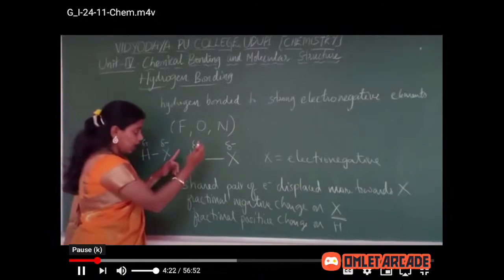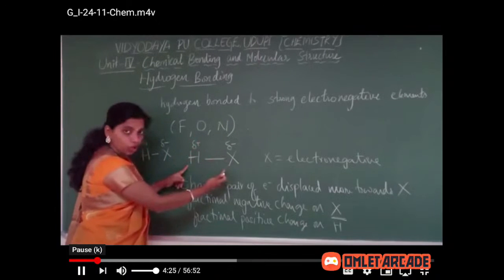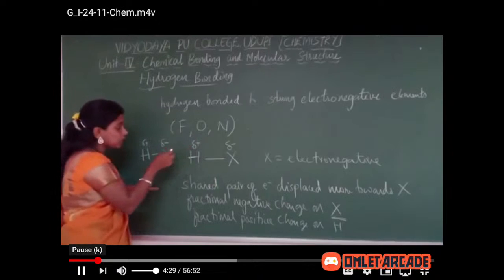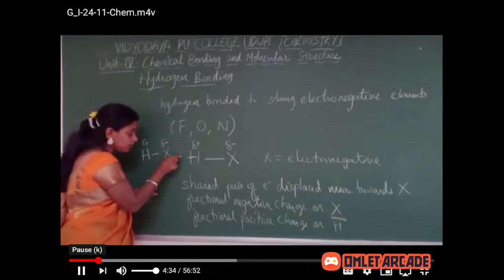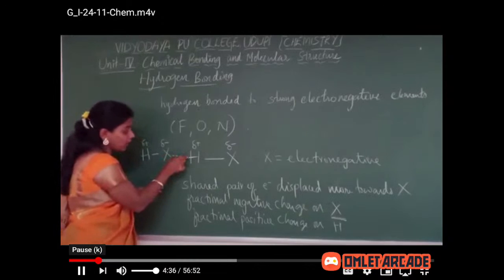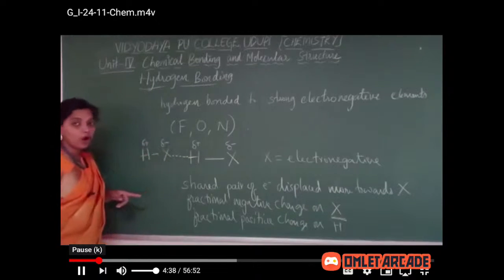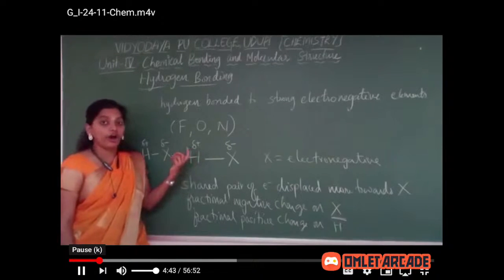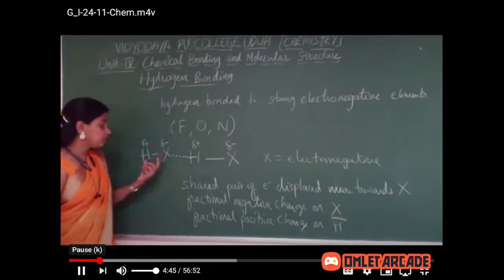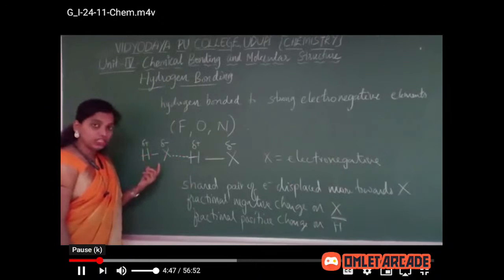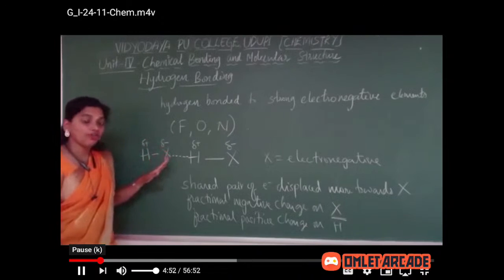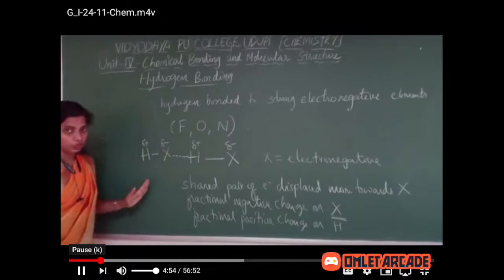Okay, the hydrogen of another molecule, since it has attained a partially positive charge, has the tendency to attract the highly electronegative element of another molecule. It has the tendency to attract the partially negatively charged element, that is the highly electronegative element of the other molecule.